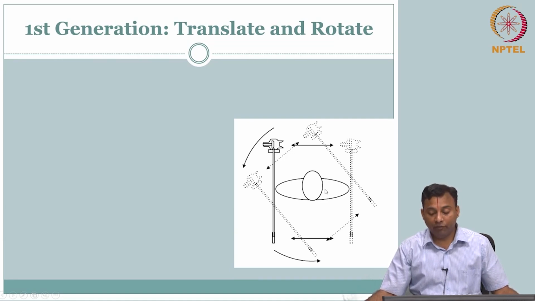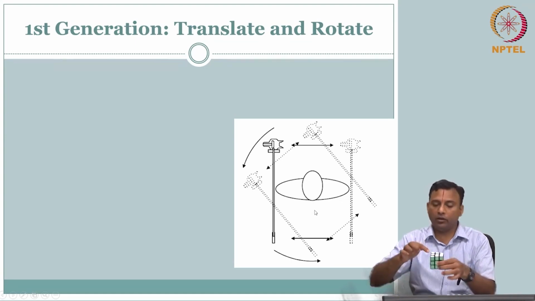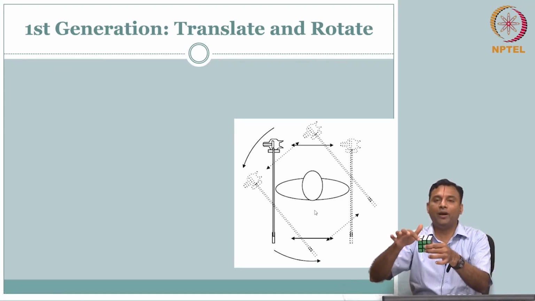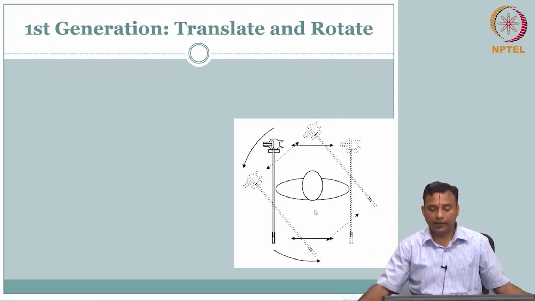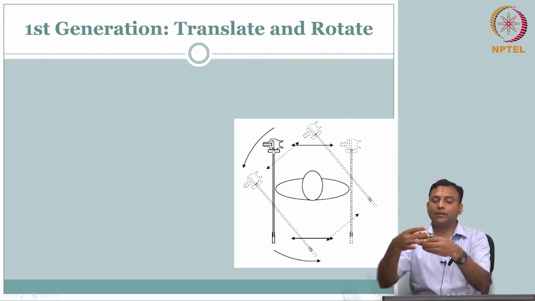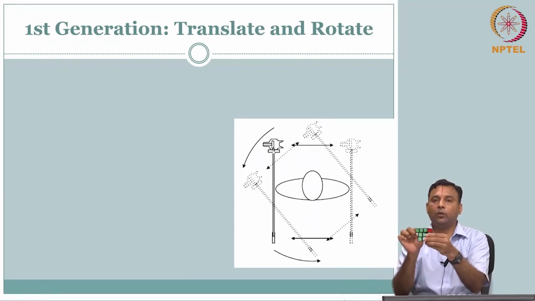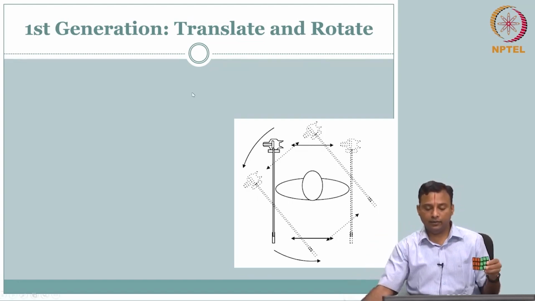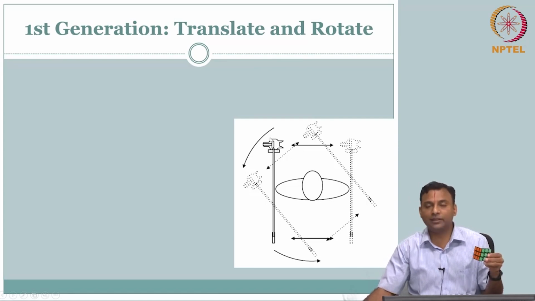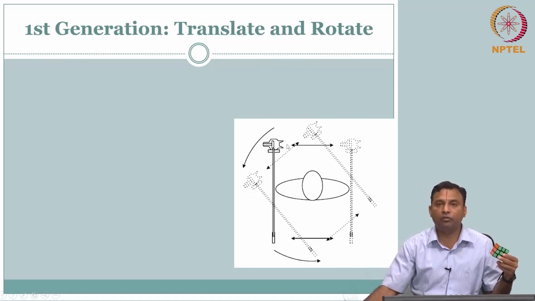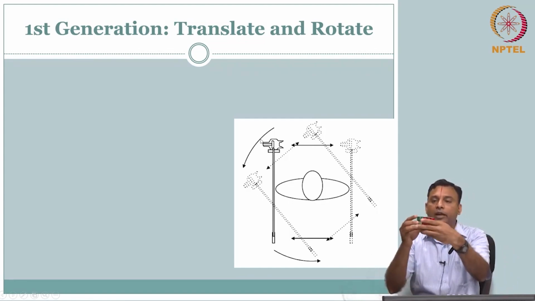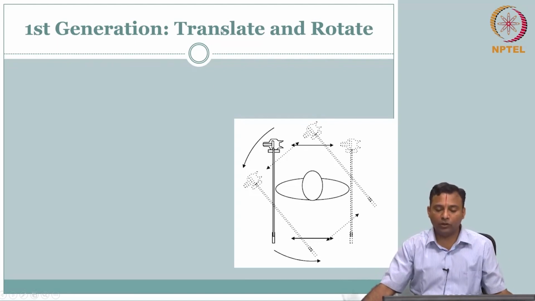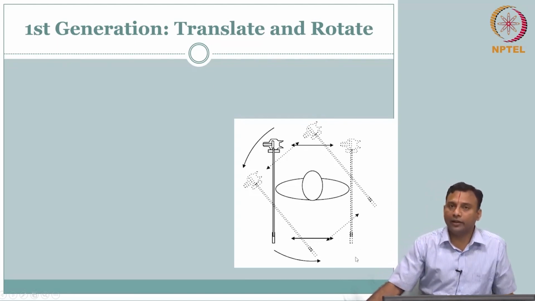If I have to scan the patient and get this 3 by 3 example, I am going to get only one slice, one row. I have to translate many times depending on the field of view, then rotate for a different view, and after each rotation do the scanning again. So I have both translate and rotate.